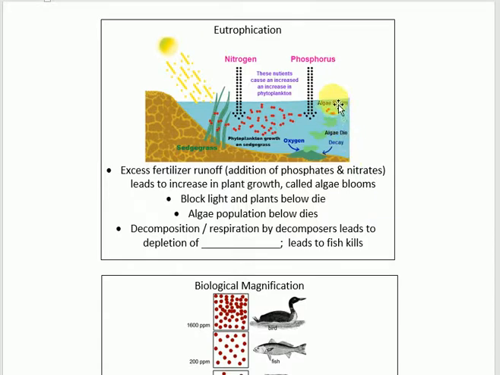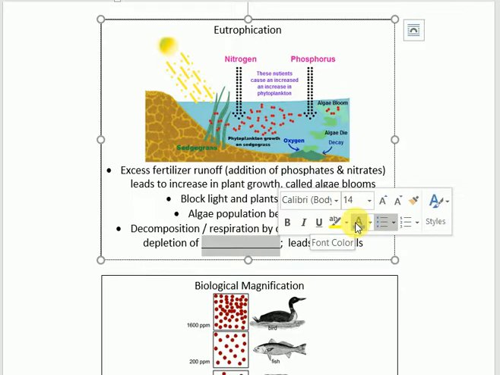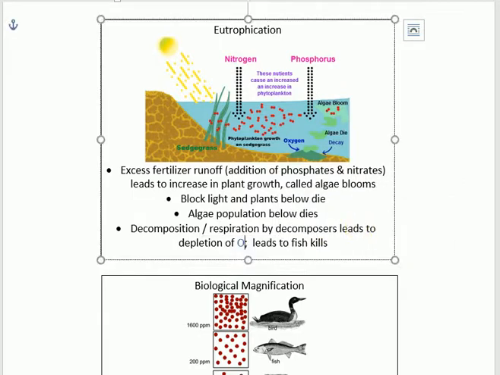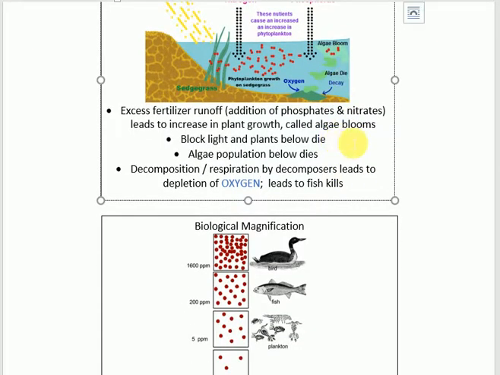But you will see those ponds that are near farmland do it a lot more. So basically, the light is blocked, the plants below are going to die, and then the algae population below is going to die, and then that decomposition and respiration done by the decomposers leads to the depletion of oxygen, resulting in fish and other animals in here dying.